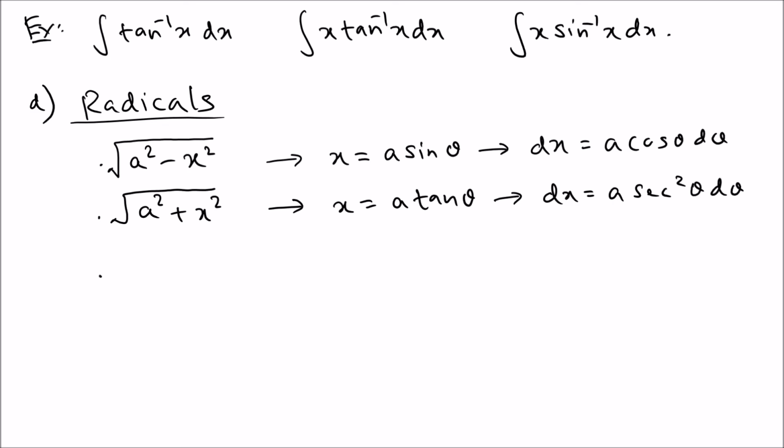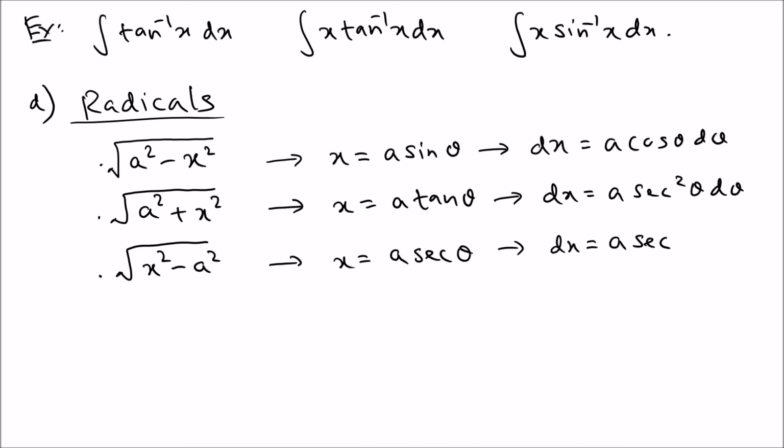And we also talk about x squared minus a squared. So switch the order with some radical terms. In this case, we're going to go with x equal a secant theta. And then you can see the derivative is secant tan, so you're going to get secant theta tan theta d theta. So that's the technique that we use.